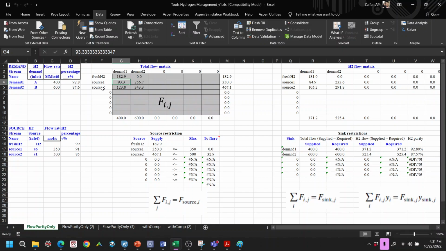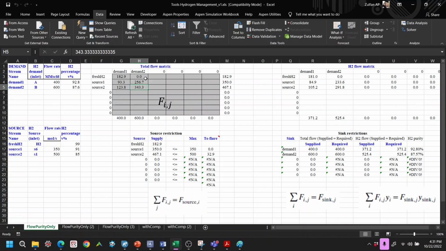The same goes with source 2 to demand 1, reuse 123, and then the recycled back is 343. So for demand 1, it receives 183 of fresh hydrogen. This one is the recycled, this is the reuse from source 2. And then for demand 2, we have no fresh, but we have reuse from source 1, and then we have recycled.